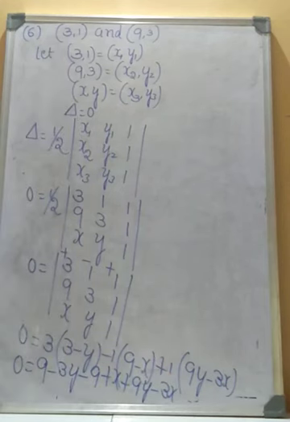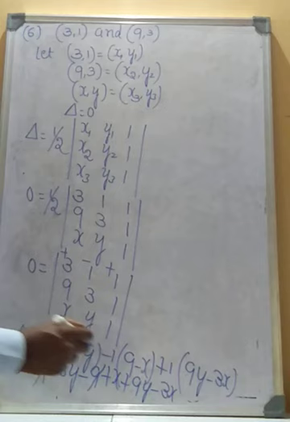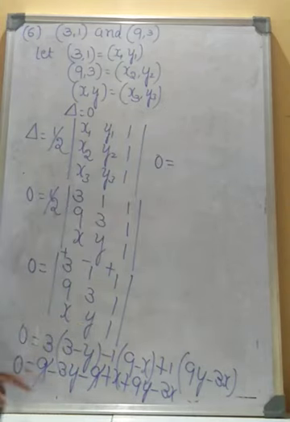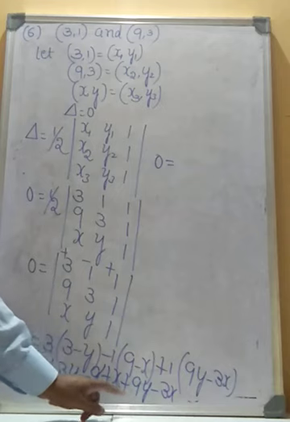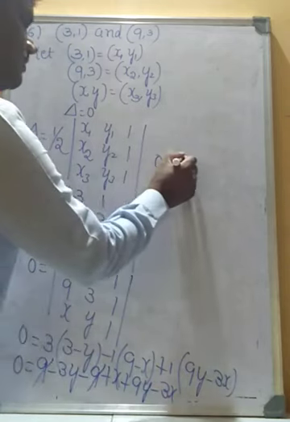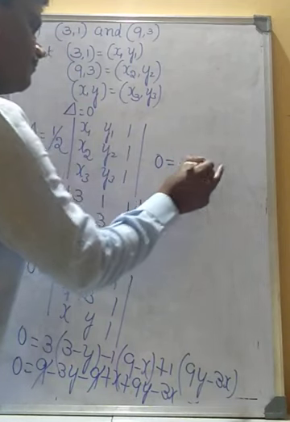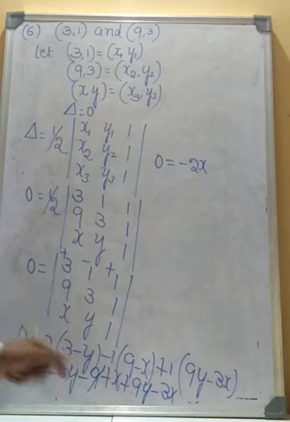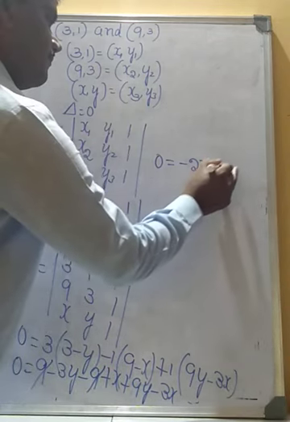Here 9 minus 9 cancels, x minus 3x becomes minus 2x, and minus 3y plus 9y becomes plus 6y.